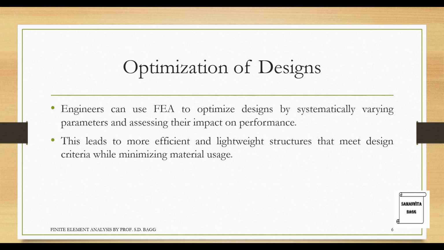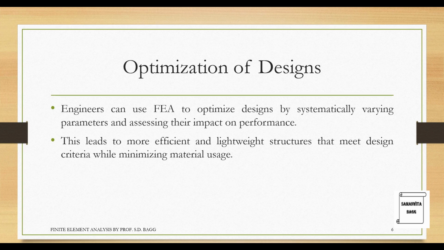Optimization of designs. Engineers can use FEA to optimize designs by systematically varying parameters and assessing their impact on performance. This leads to more efficient and lightweight structures that meet design criteria while minimizing material usage. So, when you are going for FEA analysis, you are already making an estimation of all the parameters required.